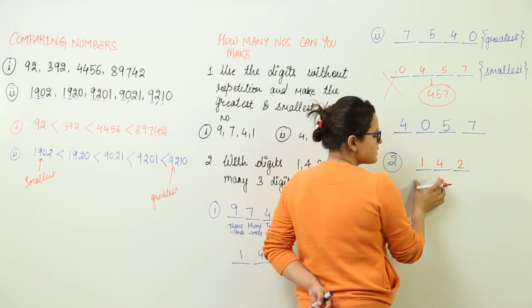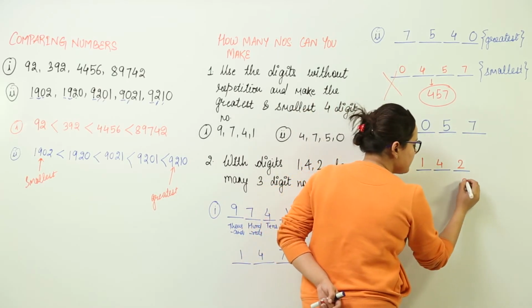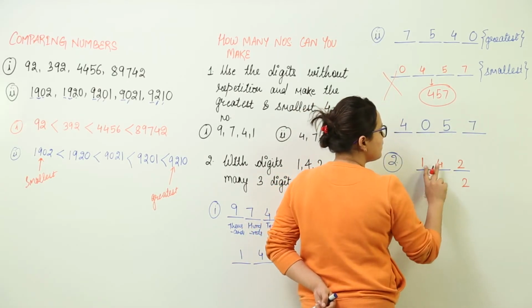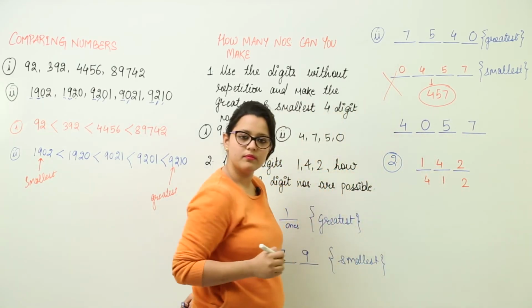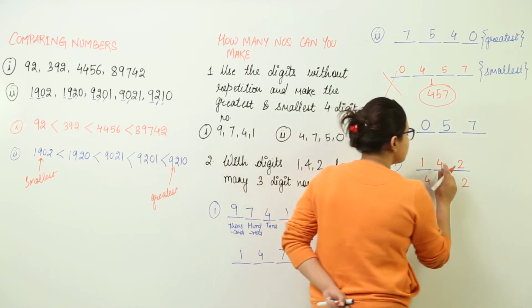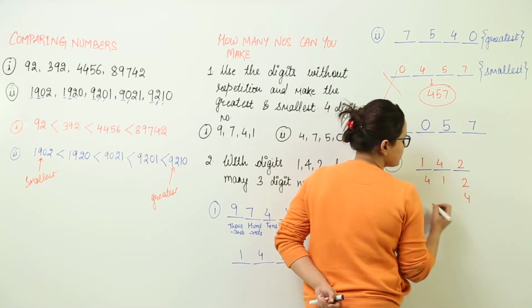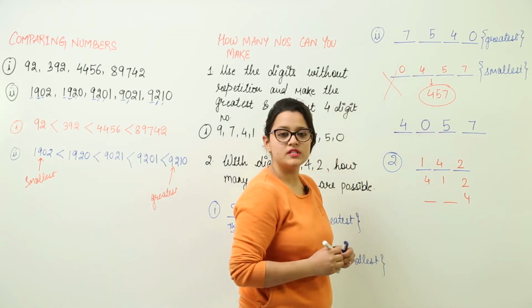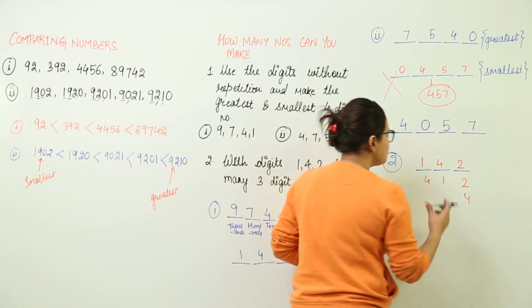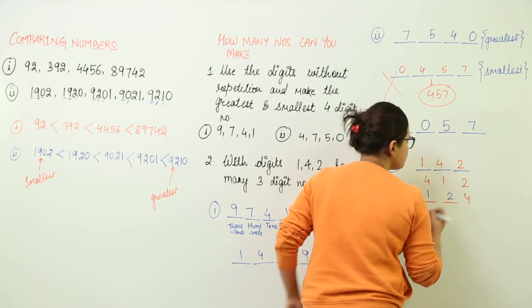Now this was the first step. For the next number, I will keep 2 here only and reverse the places of the other two. That means I can make 4, 1, 2. Done. Next step is fixing 4. So now I am left with the other 2 digits as 1 and 2. So I will place 1 and 2.